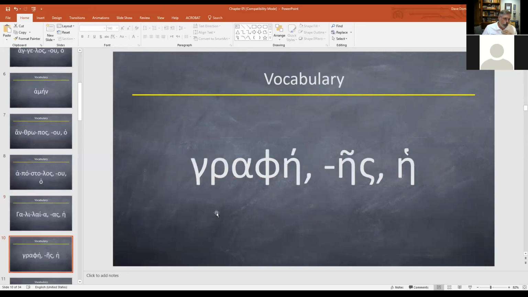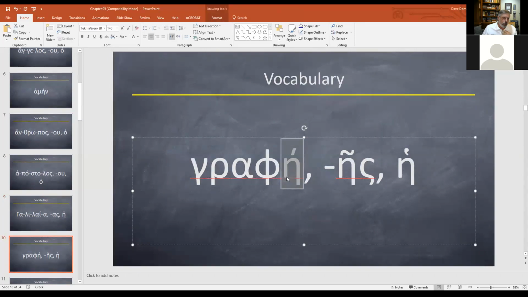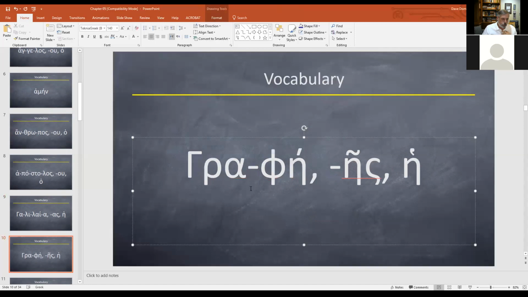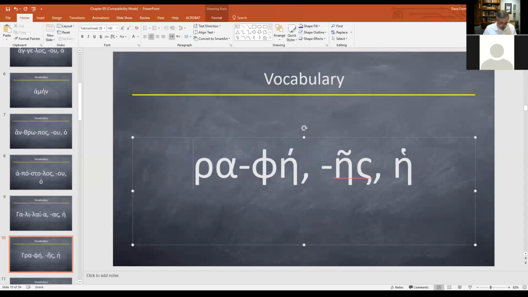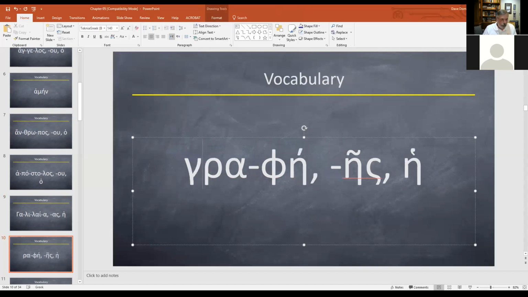And here we have how many vowels? Two vowels, so there are two syllables. That's a vowel that looks like an N? Yeah, that's the eta. This is going to get separated in pronunciation. So this is the R sound.